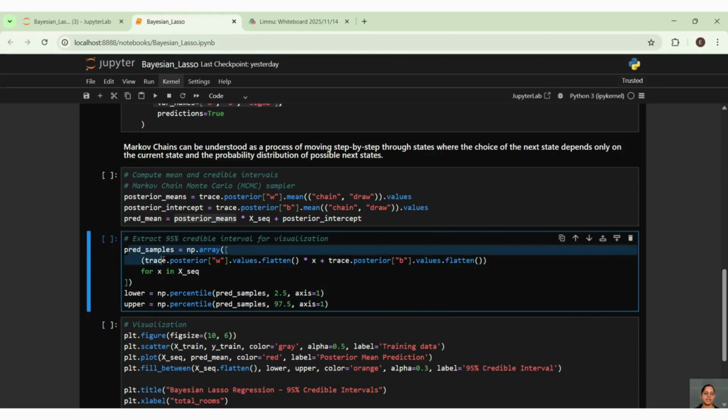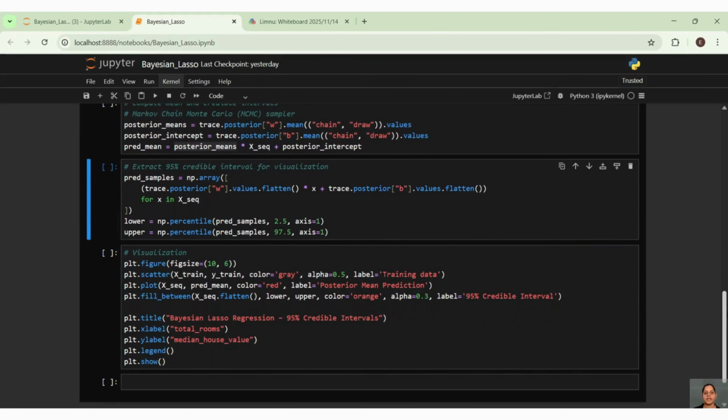We are taking the predicted samples, 2.5% lower and 97.5% higher. Whatever predicted output we are getting, we are taking the low 2.5 and the high 97.5, and that range should be the confidence interval. That's what we are considering.